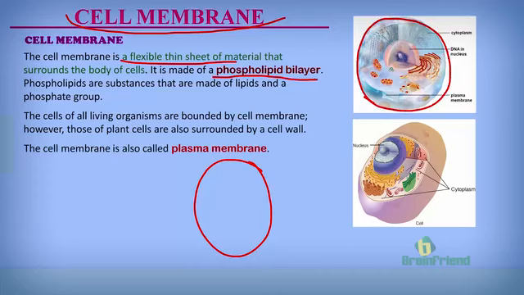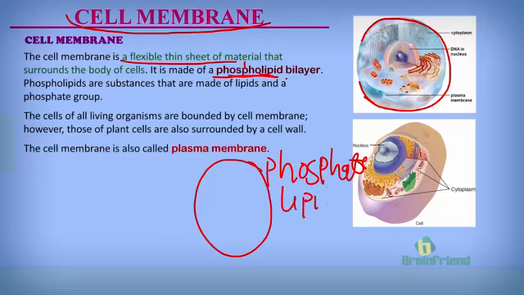Phospholipid bilayer is simply a sheet of material that is made from the combination of a phosphate group, let me write this here, phosphate group, and lipid. So we have phosphate and lipid forming the phospholipid bilayer. This phospholipid bilayer helps to protect the cell. It covers, encloses, or bounds a cell.